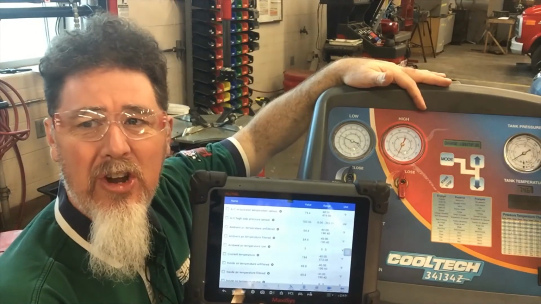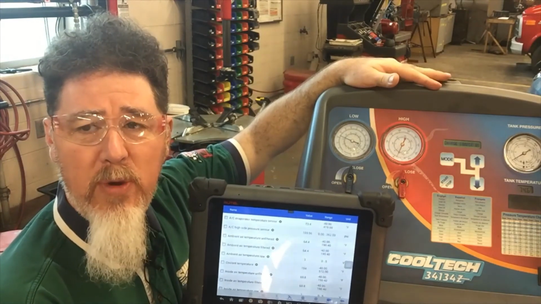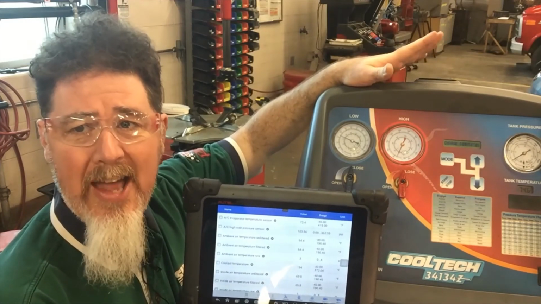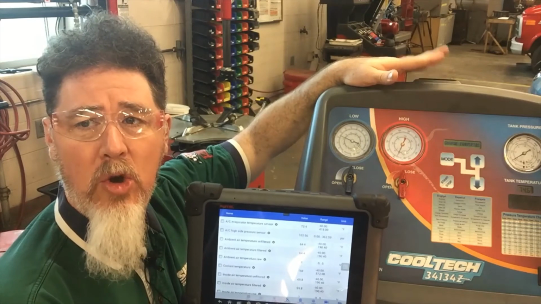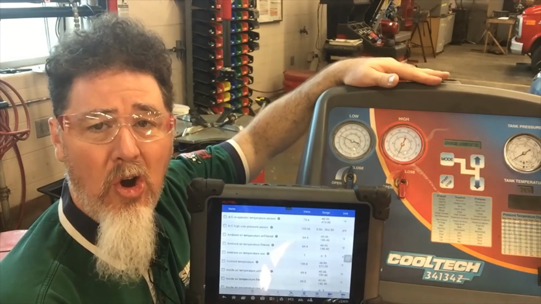We did remove all the refrigerant from the vehicle to confirm the charge, and it was charged up properly. We charged it up with the correct amount of refrigerant, and these are our current results.